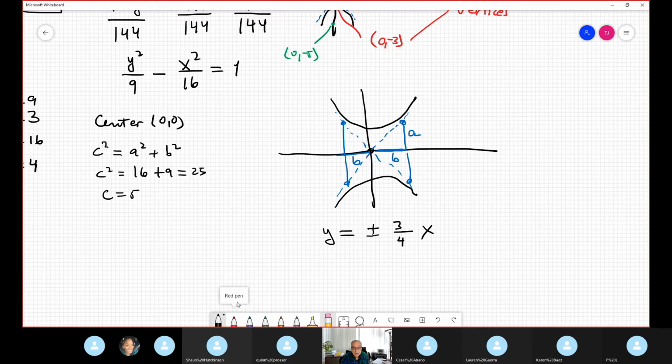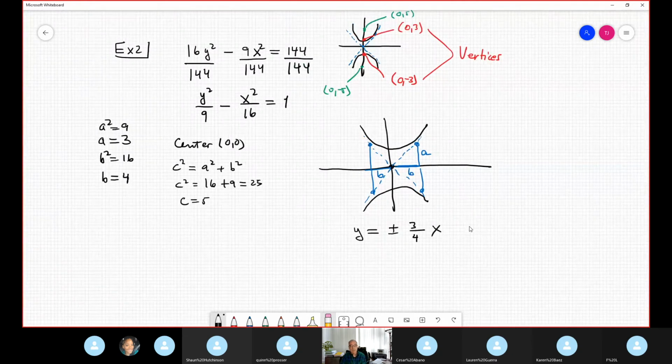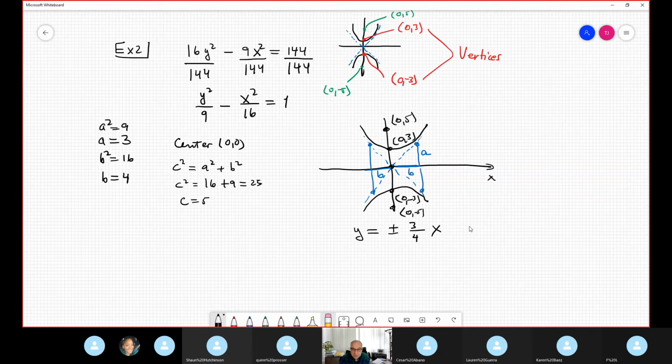This is the graph, roughly sketched by hand. However, this point was 0,3, this point was 0,-3. The foci are 0,5 and 0,-5. X-axis, Y-axis. Let's move on to this one to see it more elegantly and clearly.